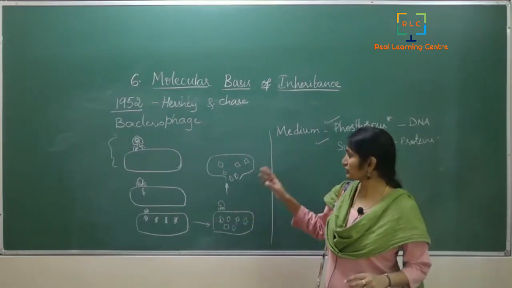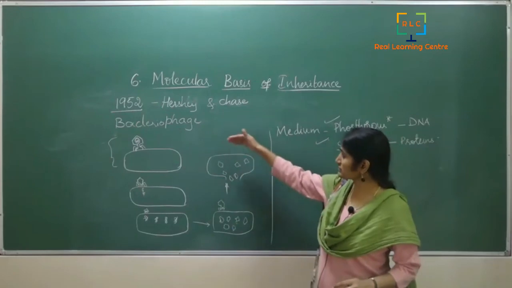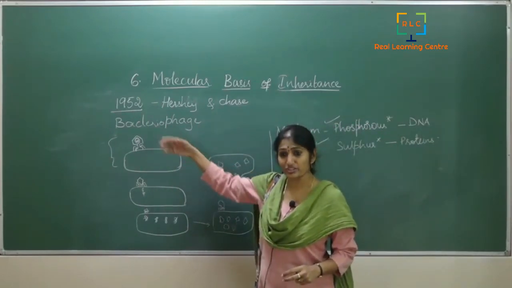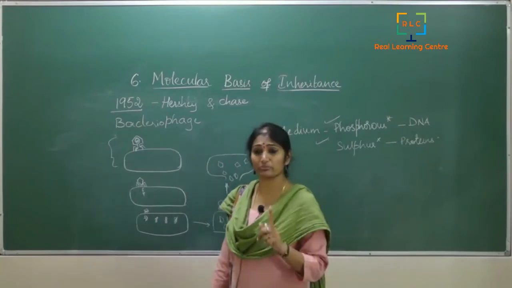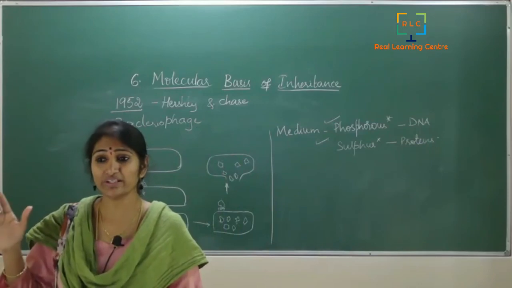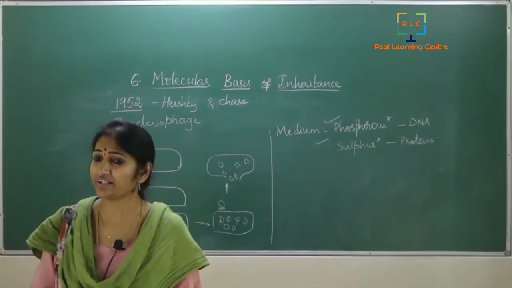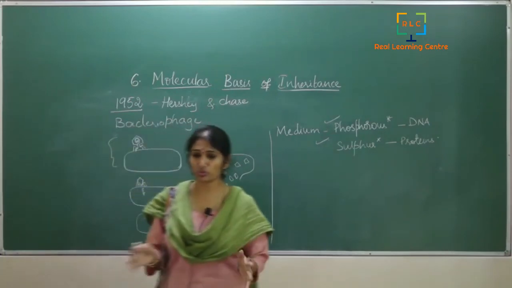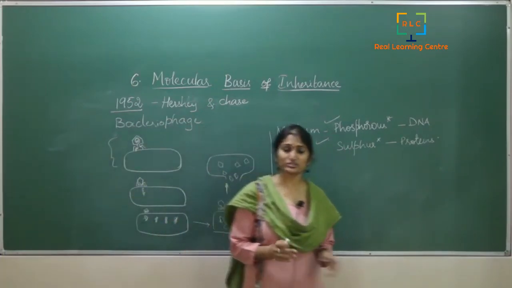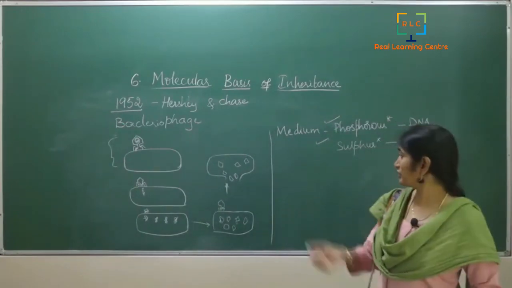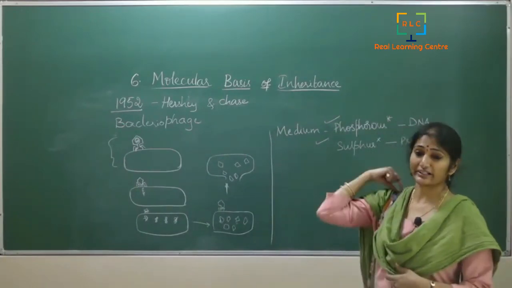And thus they got to know that what is moving from the viruses into the cell is not the protein, but it is only the DNA, because there was only radioactive phosphorus and no radioactive sulfur. So this kind of proved to them that proteins did not enter the bacteria from the virus, but only the DNA was entering.